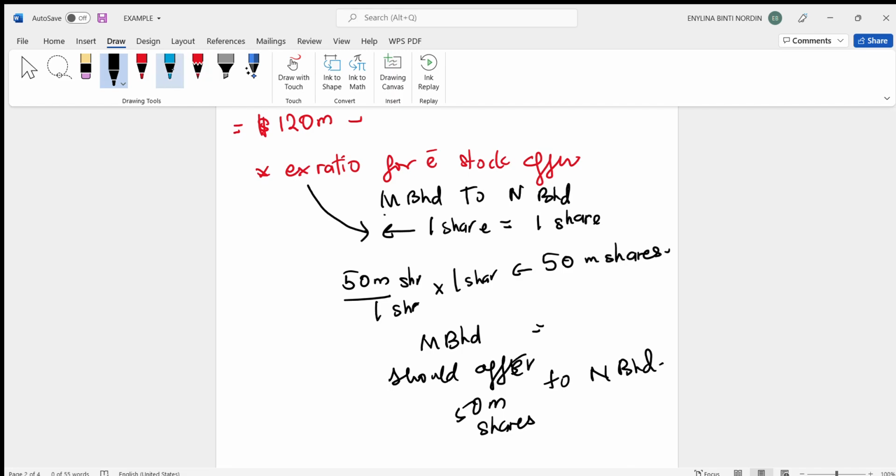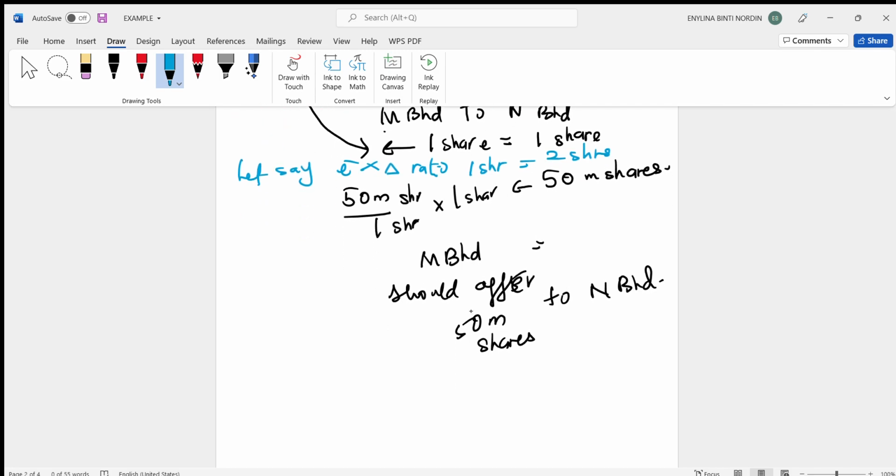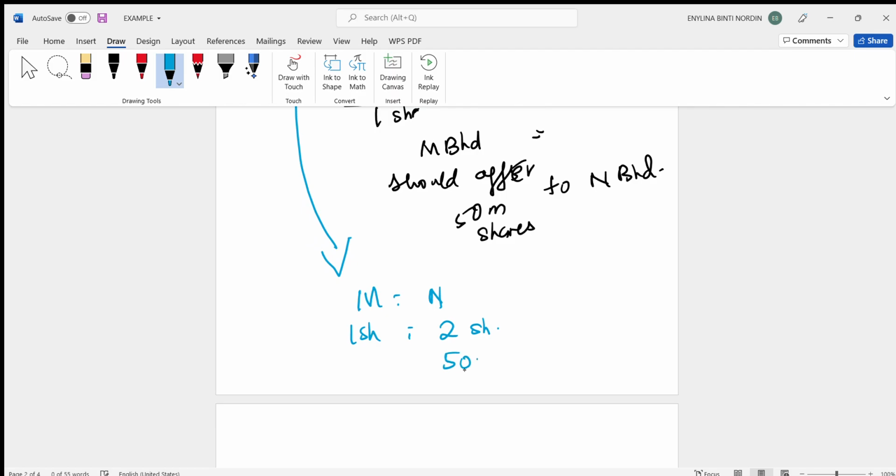If the exchange ratio is, let's say, 1 share for every 2 shares in the target, and the number of shares outstanding in the target is 50 million, then in order to get 50 million shares, M must offer how many shares?